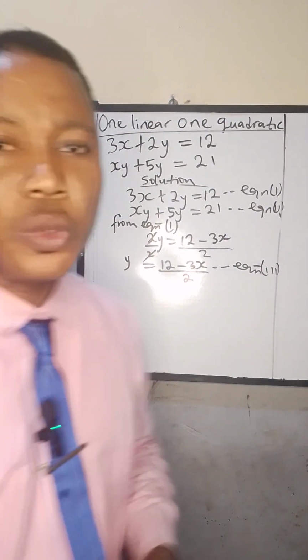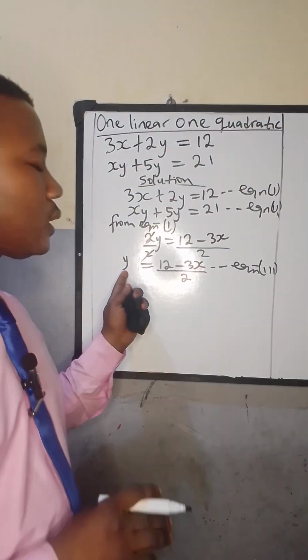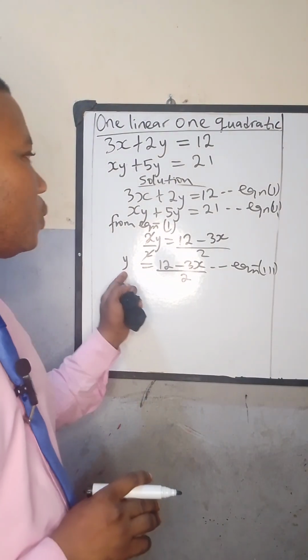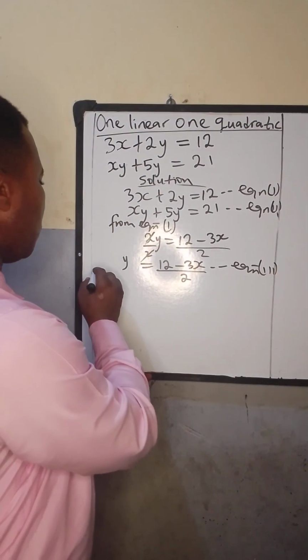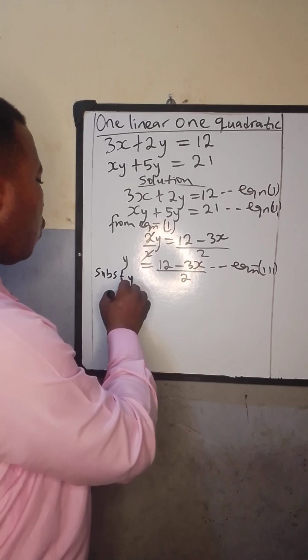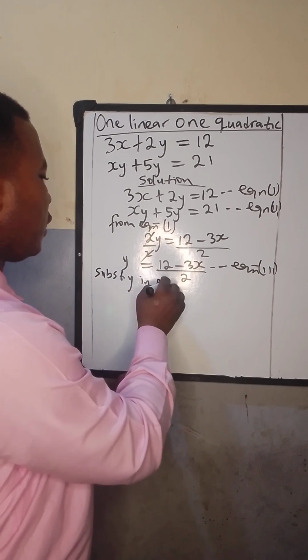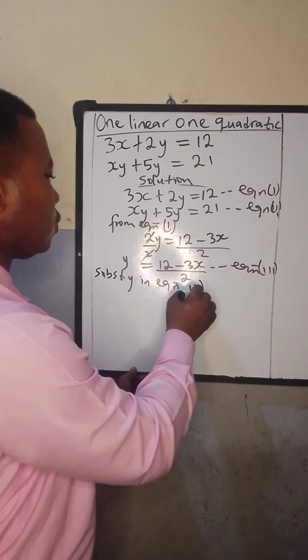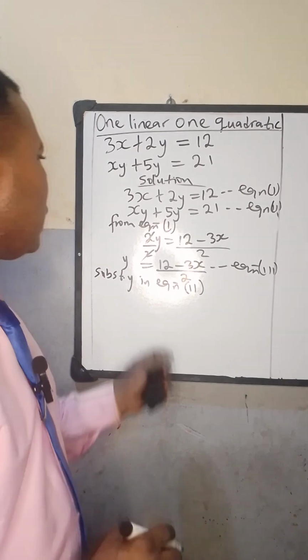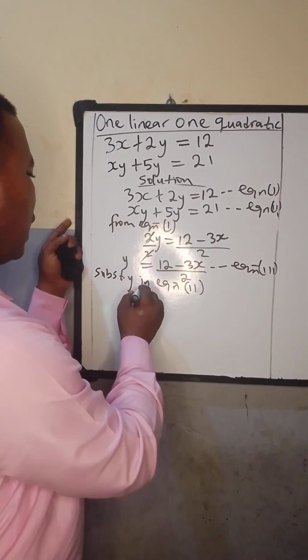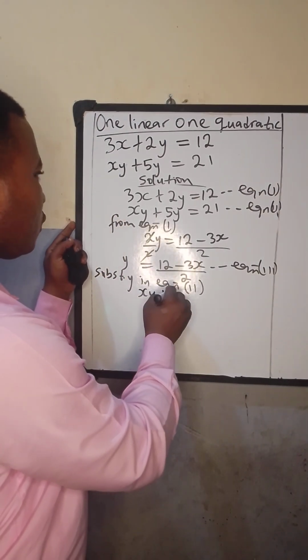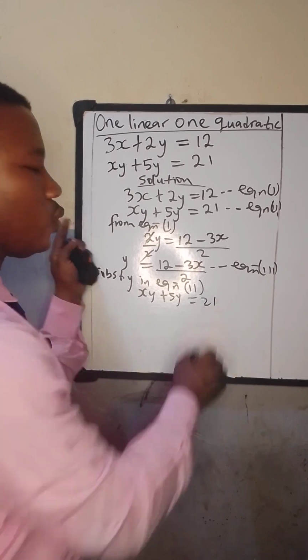Next, we substitute this y in equation 2. Equation 2 is xy plus 5y is equal to 21.